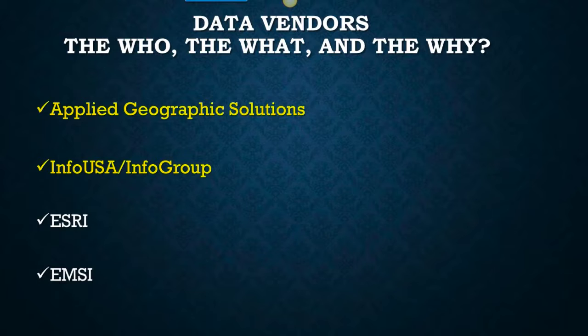Info USA, otherwise known as Info Group, is another vendor that GIS planning uses for our business data. Interestingly enough, Info Group is also the vendor for ESRI. They use Info Group for their business data as well.